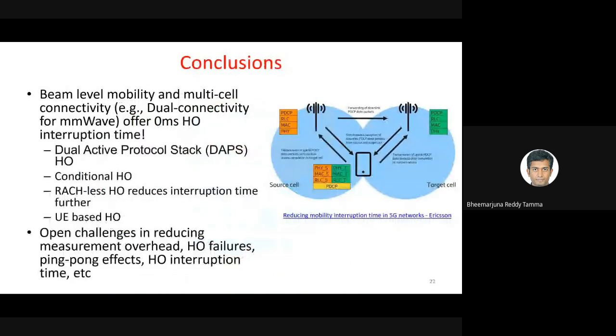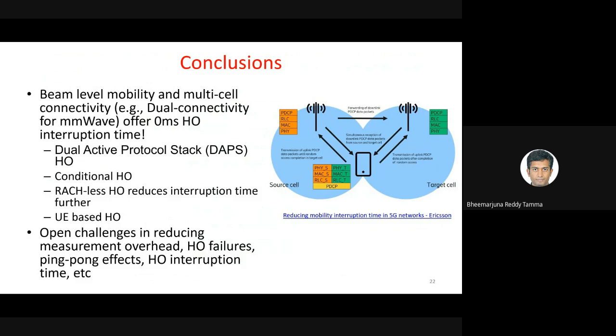Okay, so the last slide for today and also for this course. We looked at various different concepts in the context of handovers. Some of them require moving the user from one base station to another base station. Some require moving the user from one beam to another beam.